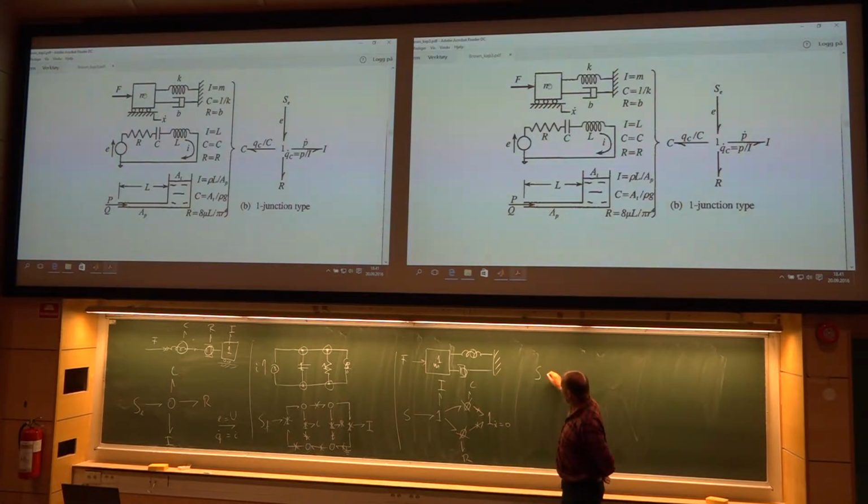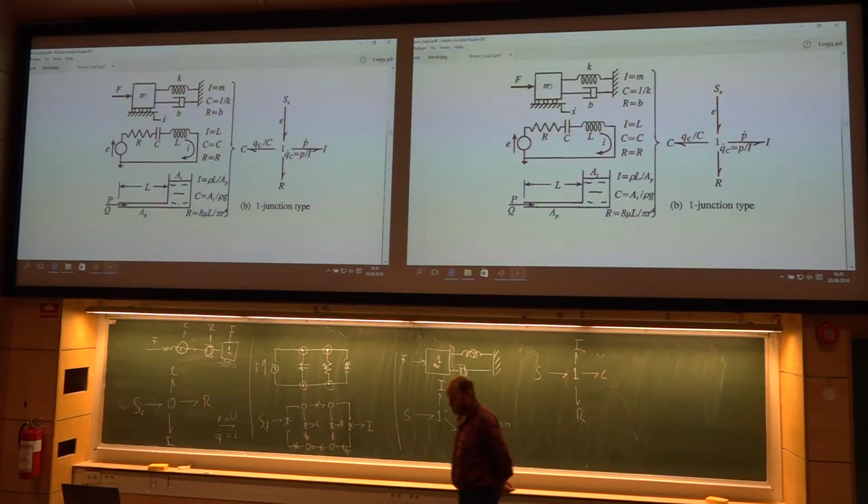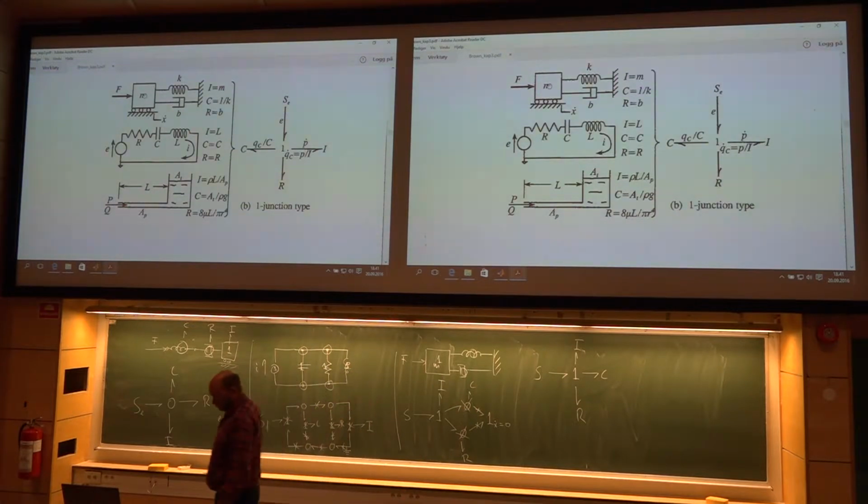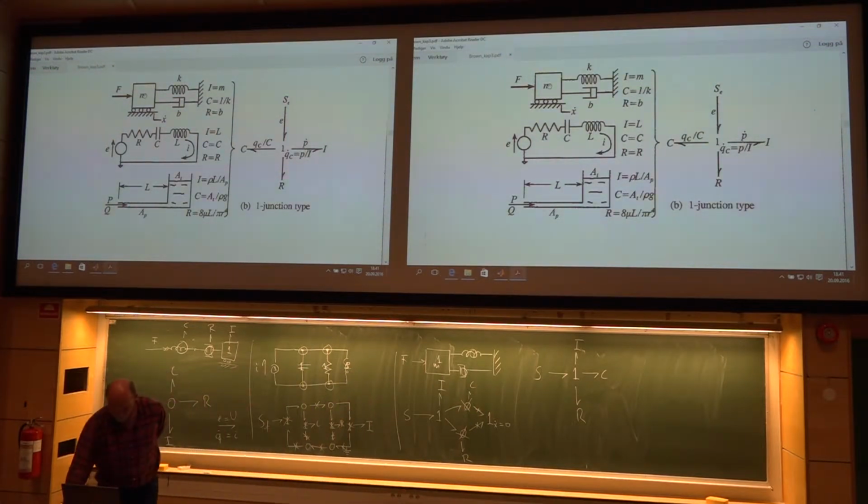You have a source hitting a 1 junction, and then inertance, compliance, resistance. So there you have a 1 junction type.